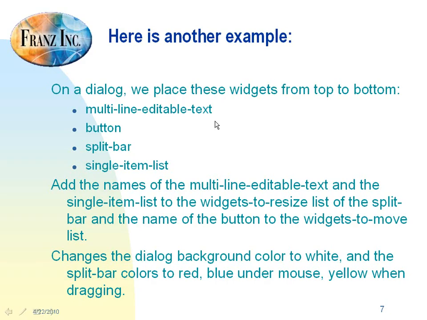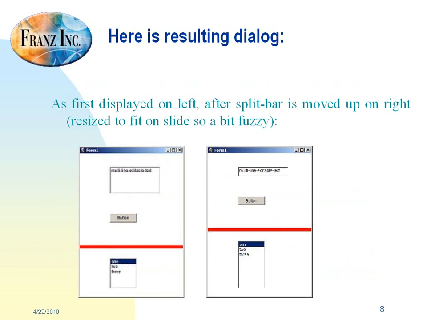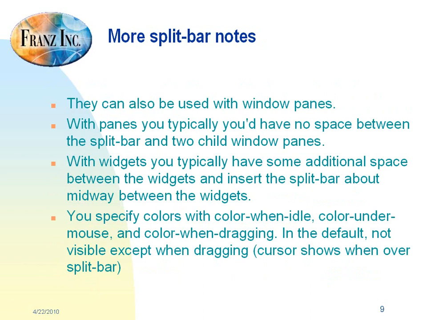So those are the features of the split bar, and I've just given you this demonstration, showing you the dialog that I just demonstrated. And you can use split bars with window panes, as is done in the navigator example, and with window panes you typically don't have any space.